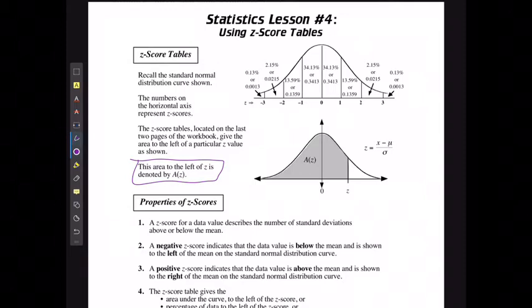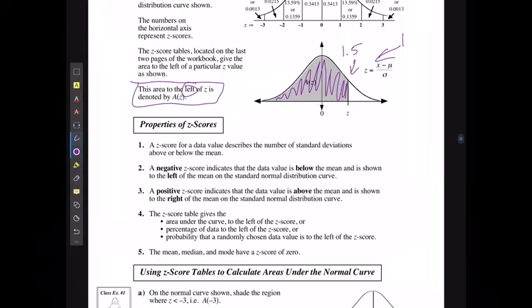So say for a Z-score of 1.5, if I look at the table, it's going to tell me the area out of a total possible of 1, because remember the entire area underneath this curve is 1 or 100%. It's going to tell me the area to the left of that point. It's always to the left, which is going to be important. So we're talking about the properties of z-scores.